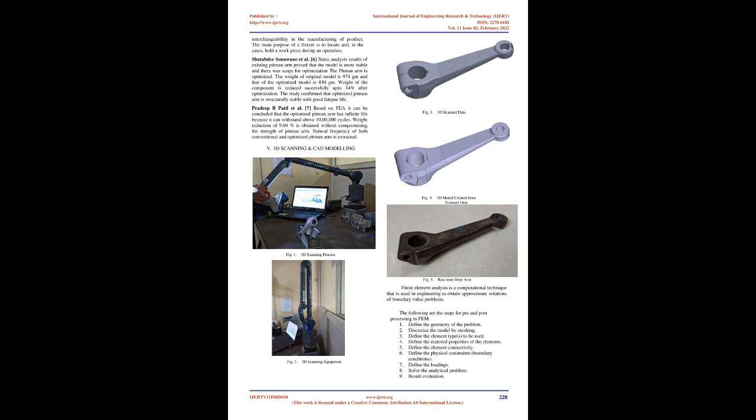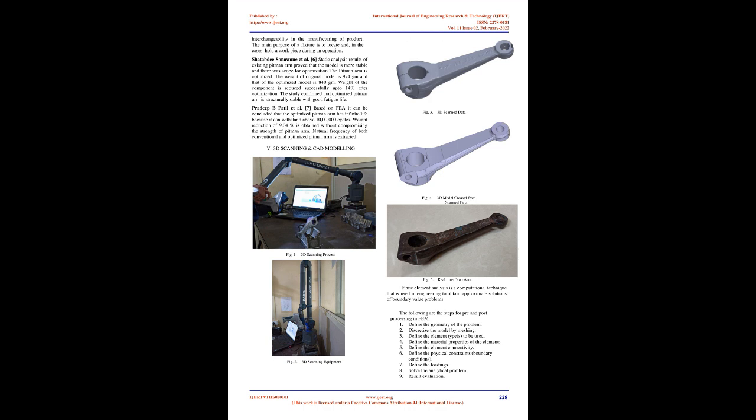The study confirmed that the optimized pitman arm is structurally stable with good fatigue life. Pradeep B. Patil et al. [7]: based on FEA it can be concluded that the optimized pitman arm has infinite life because it can withstand above 10,00,000 cycles. Weight reduction of 9.04% is obtained without compromising the strength of the pitman arm.